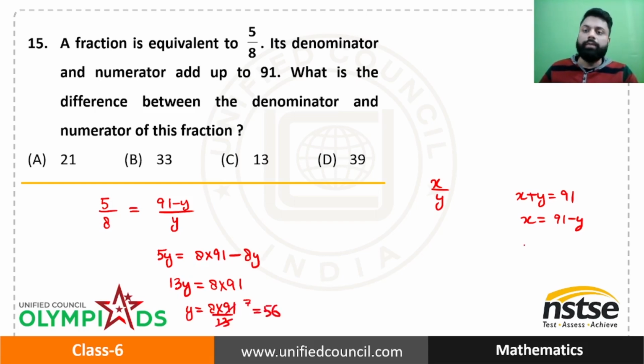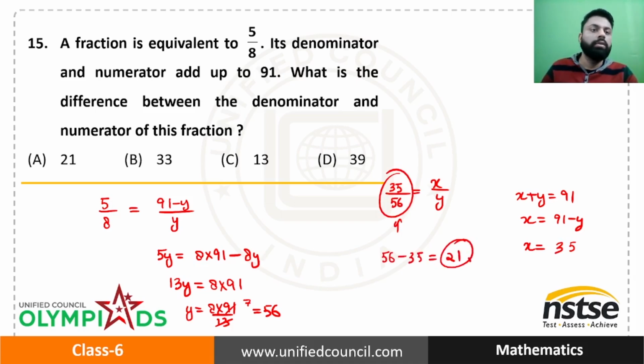If y is equal to 56, so x is equal to 91 minus 56, that is equal to 11 minus 6 is 5, then 8 minus 5 is 3. So the fraction will be equal to 35 upon 56. Now the difference between the numerator and denominator is 56 minus 35, that is equal to 21. So A option is the correct answer.